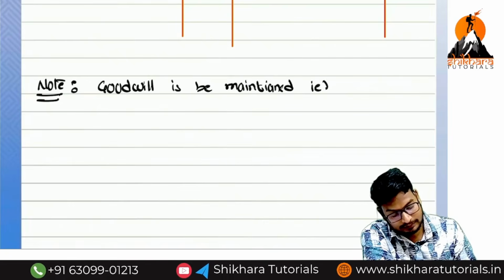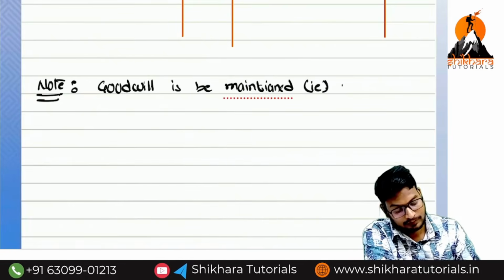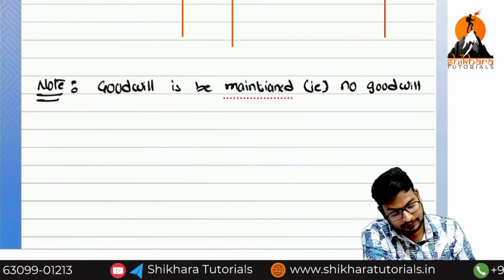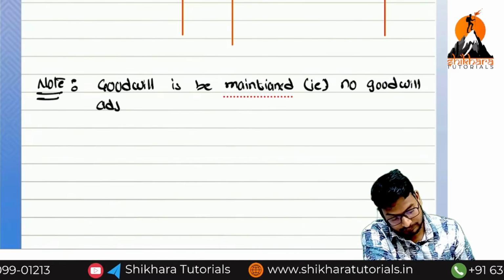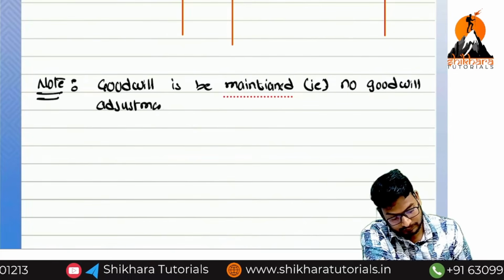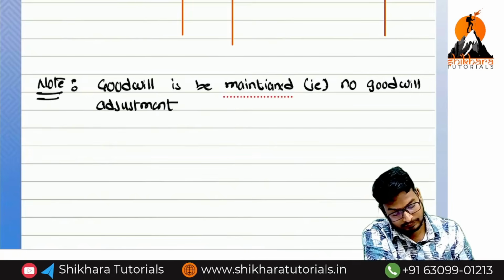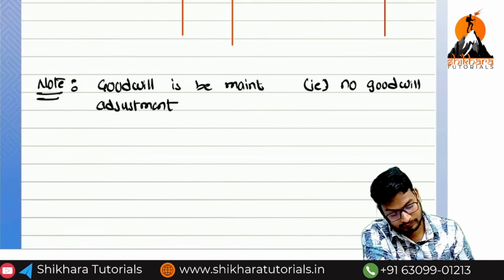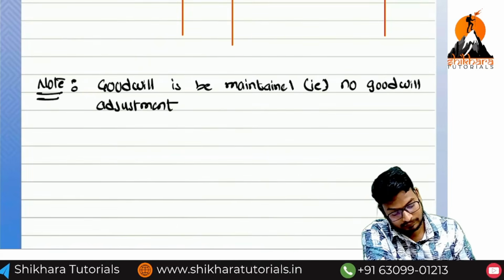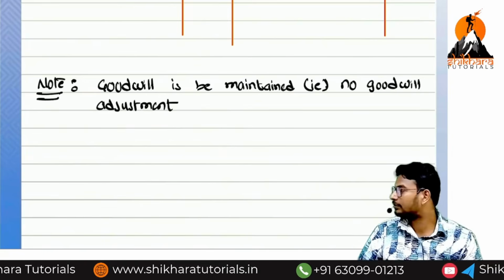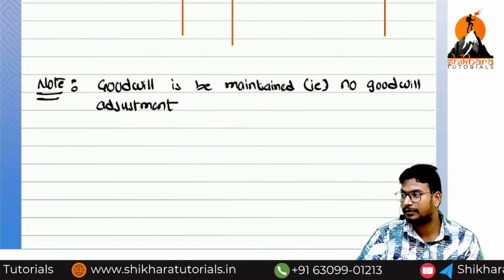So what do we need to do? No goodwill adjustment. This is the special point in this question. The same like question number 13 will be there. You need to practice.